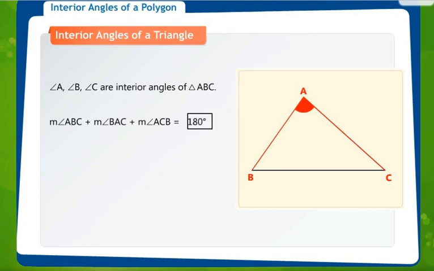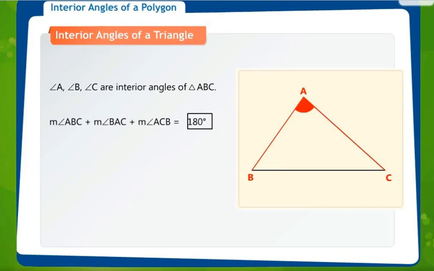Now how to name the angle using three letters? You can see first one, measure of angle ABC. Now the center vertex is B. So angle ABC, that means angle B and angle ABC mean the same. Then measure of angle BAC.